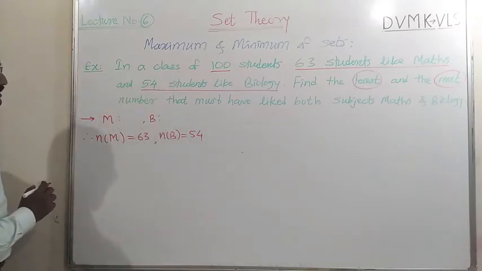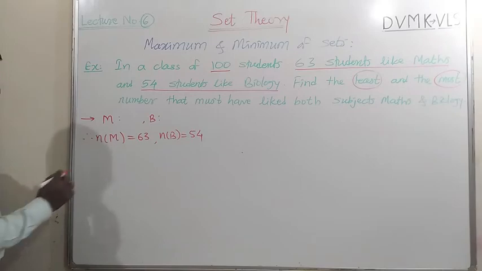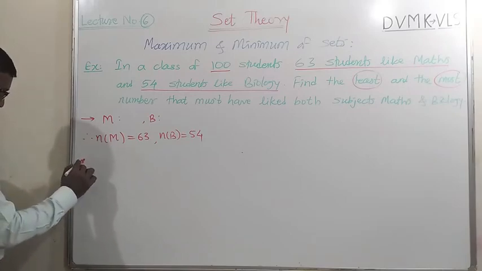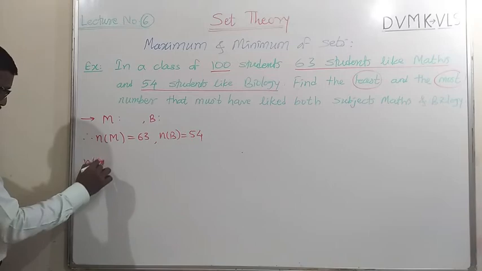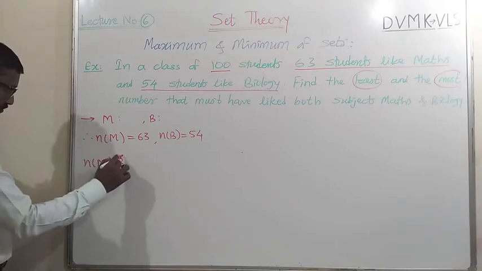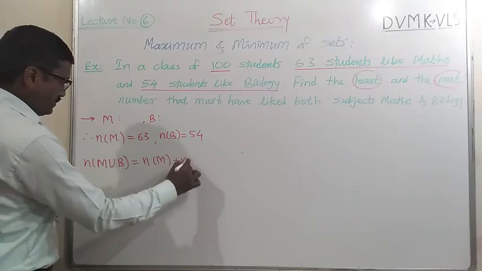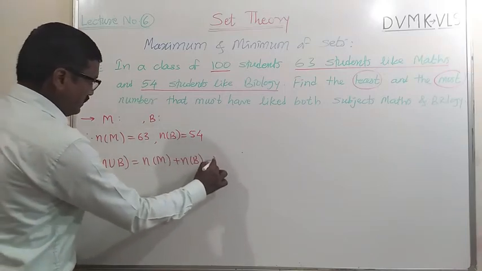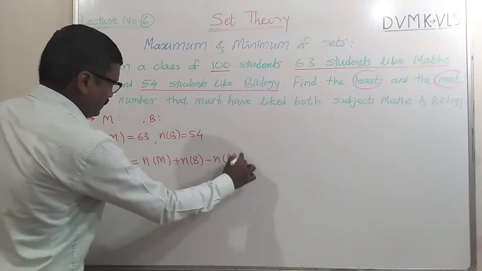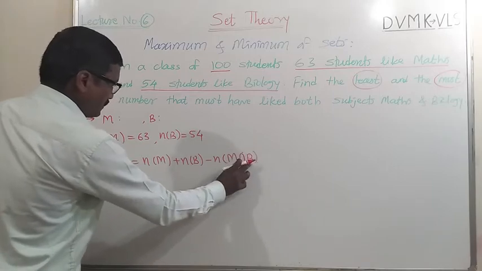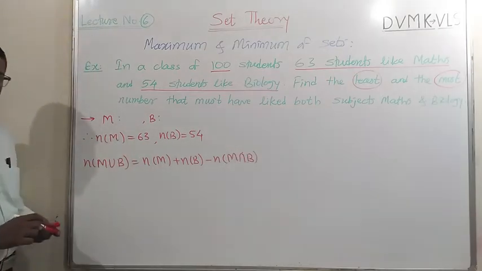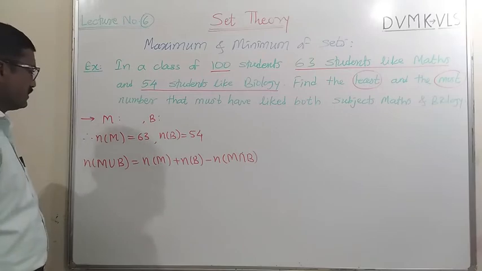Now, the number of elements in the union of these two sets is equal to the number of elements in the first set plus the number of elements in the second set minus the number of elements in their intersection. Okay, that is the addition formula or addition theorem.